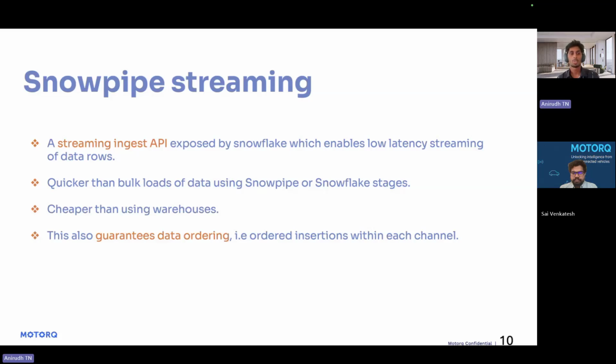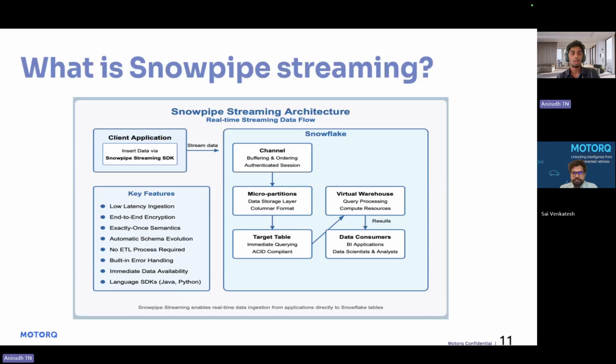To talk about that, we essentially have a streaming ingest API that Snowflake provides, and all our client applications will basically stream data onto Snowflake. Internally, Snowflake opens up channels between each of the Kafka topics, and it guarantees ordering and buffering internally, just to make sure that ordering is maintained.